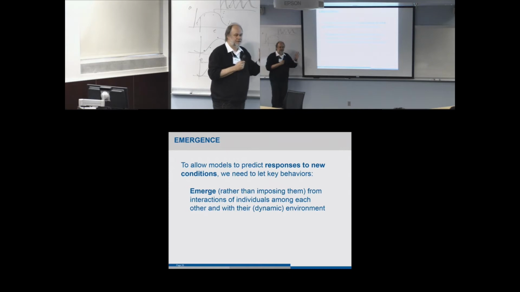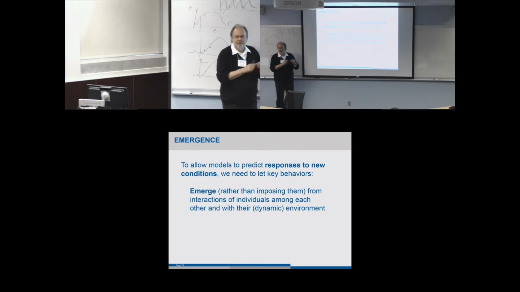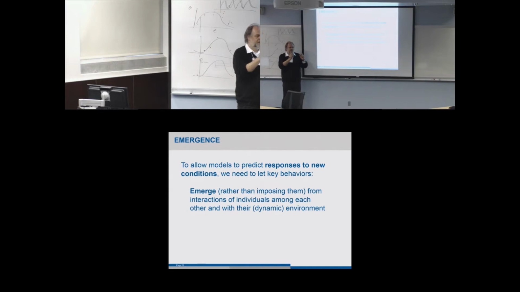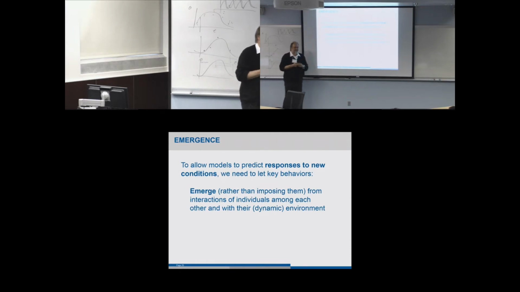Then my friend Steve Railsback came, focusing on behavior and more adaptive decision making of animals, and he looked at our models and saw this one parameter, mortality, 0.6. He asked me, what does that mean? I said, well, I have a random number for every individual. If it's below 0.6, the individual dies. That's it. Then Steve says, but fish don't die of random reasons. I said, I know, but I don't care.